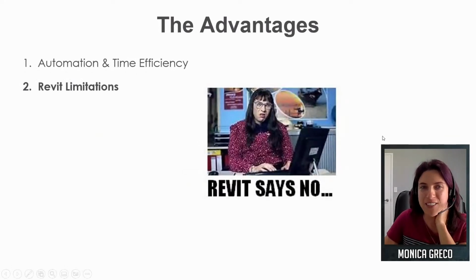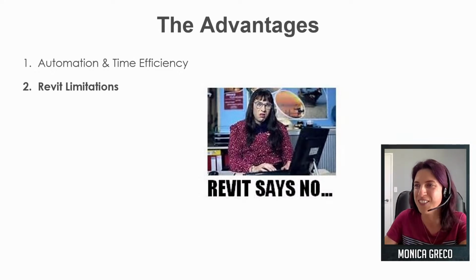And then plugins obviously also allow us to do things that we wouldn't be able to do otherwise with the out-of-the-box software. I think most of us have a love-hate relationship with plugins, where we get all excited about the new features, but then we also get very frustrated. We can't just do something that seems easy to do.